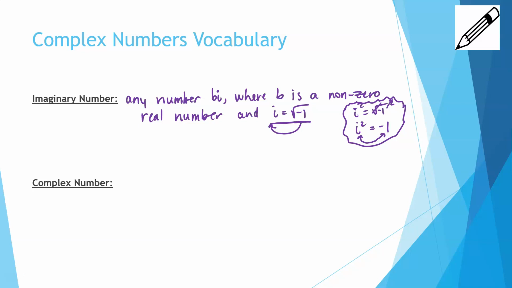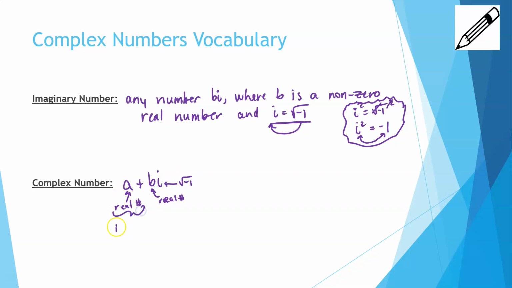Now, once we understand that these imaginary numbers are things that have i's attached to them, then we also want to understand that we have these things called complex numbers. A complex number is written in the form a plus bi, where a is a real number, b is also a real number, and i, we said, is the square root of -1.